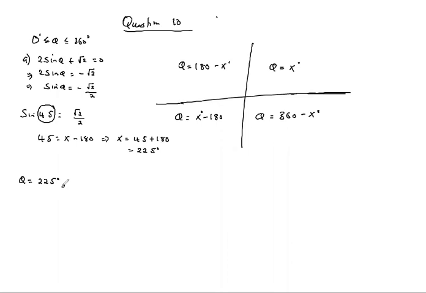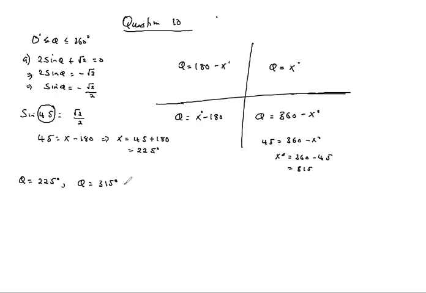So in the fourth quadrant, again, our theta there is 45. Now we have 360 minus x degrees, and we want x degrees. So x degrees is 360 minus 45, which is 315. So another theta is 315 degrees. So you need to find all possible solutions to avoid losing marks.